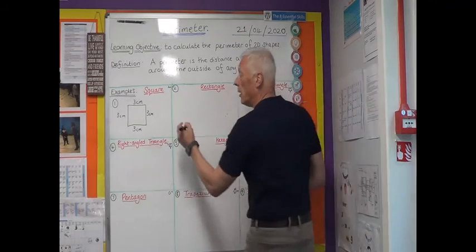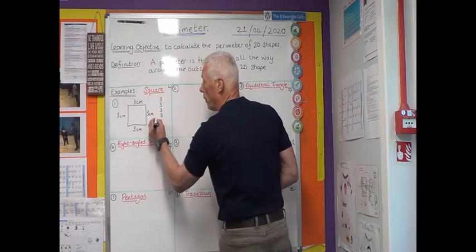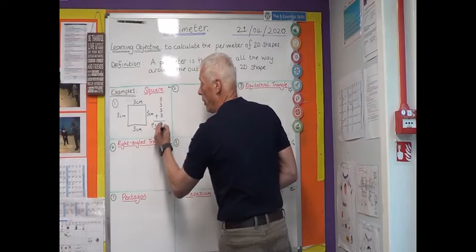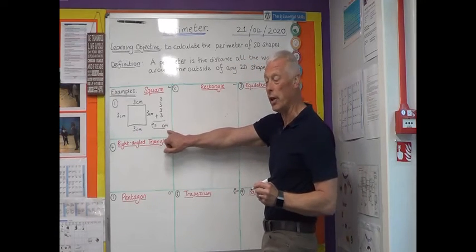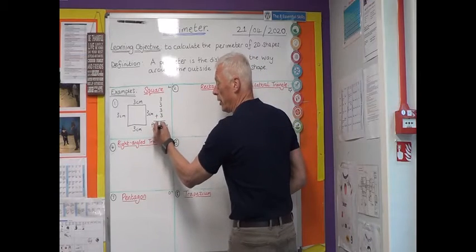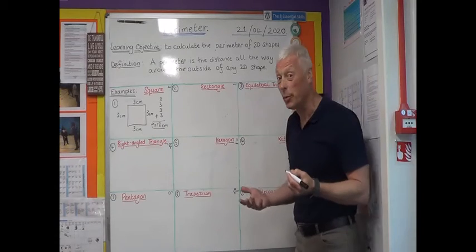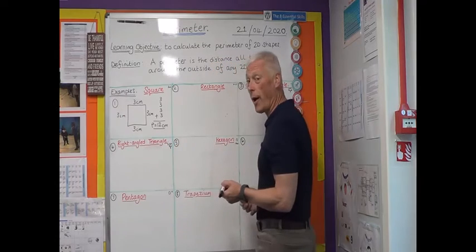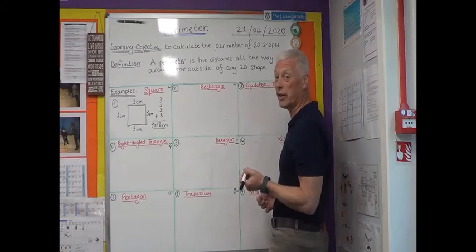Simply put 4 sides, so you've got 4 3s. Therefore the perimeter in centimetres, please make sure that you get the right units, is 3 add 3 add 3 add 3, quite simply 12 centimetres. That's as simple as working out a perimeter: the distance around a 2D shape in whatever units you've got, and in this one it's centimetres.